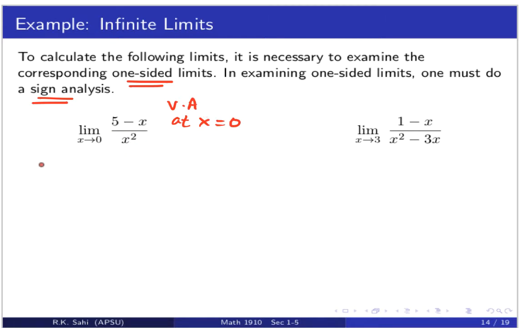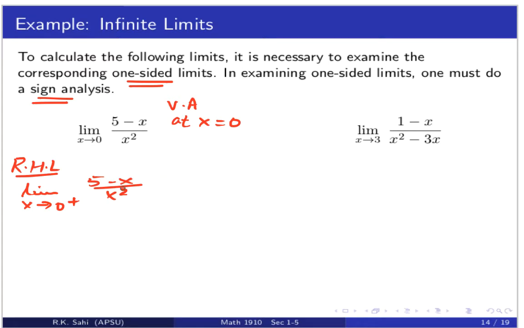Now, the limit of the function as x approaches 0, we're going to start with the right-hand limit: the limit as x approaches 0 from the positive side of (5 minus x) over x squared.